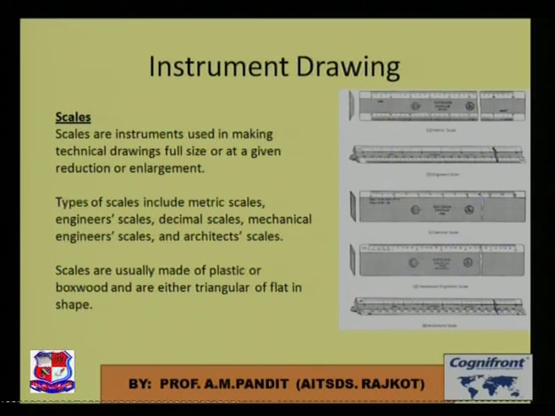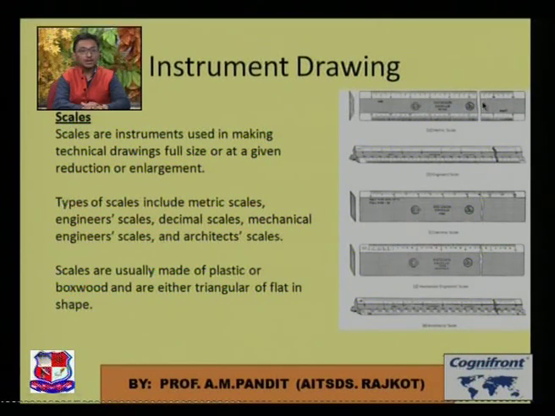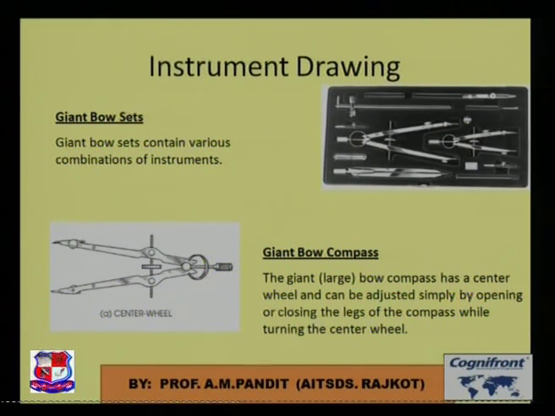Various sorts of scales are required to draw any sort of drawing. Generally, any plastic or metal scale which has a metric scale on it is ideal for engineering drawing purposes. Another one is the giant bow set.